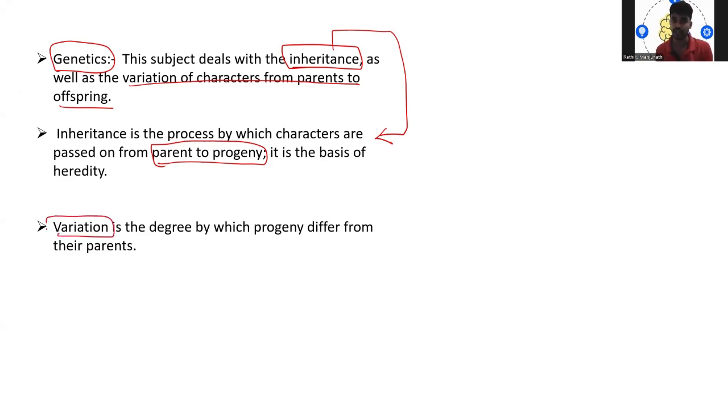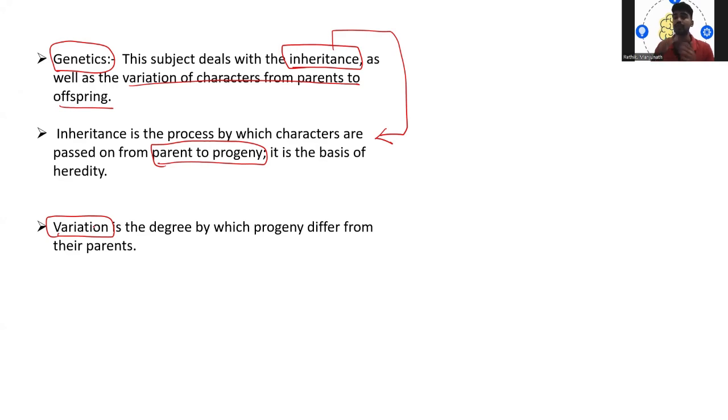And here also comes a degree called variation. What do you mean by variation then? It is the degree by which the progeny differs from the parent. In human beings, I will be somewhat familiar with my parents, not completely. I'll be somewhat familiar with my brother, not completely, even though we share the same ancestors and the same parents.